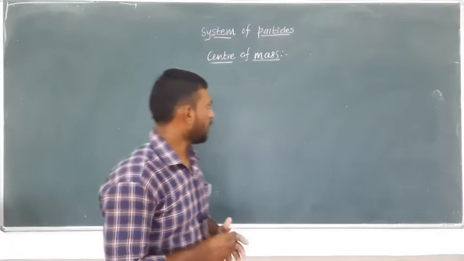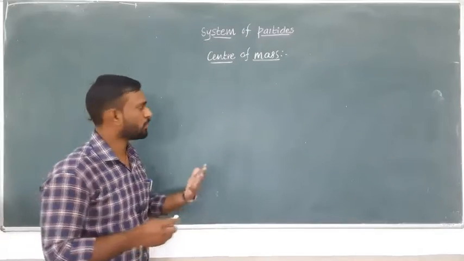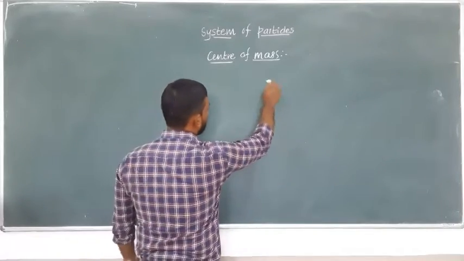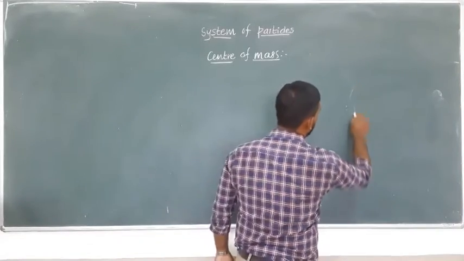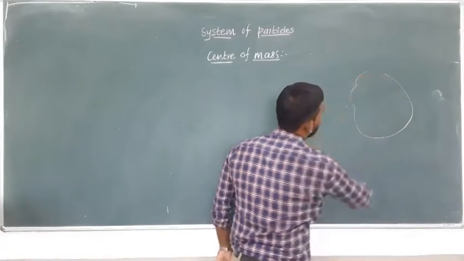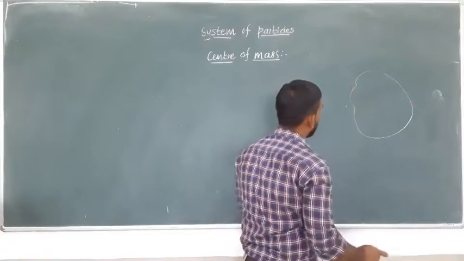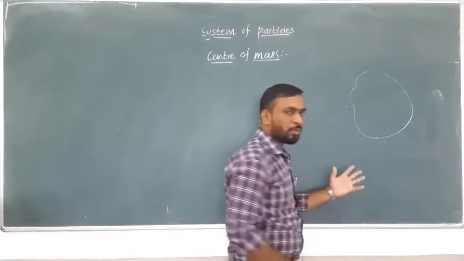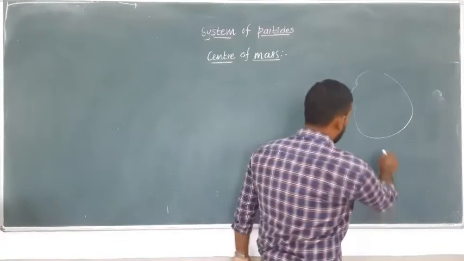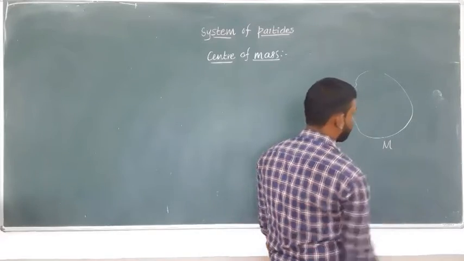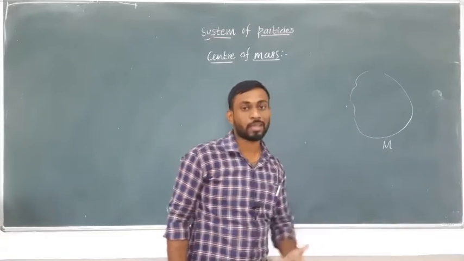But suppose we have more than one particle, a system such as a rigid body, an irregularly shaped body, and the total mass of the body is, let's say, capital M.